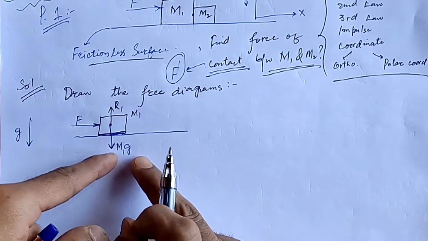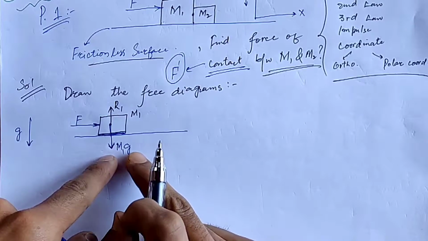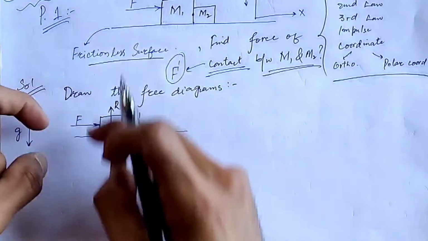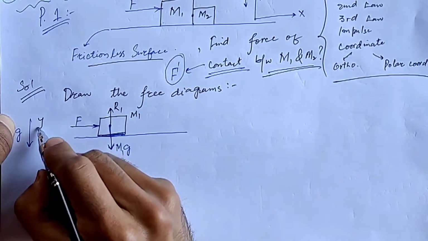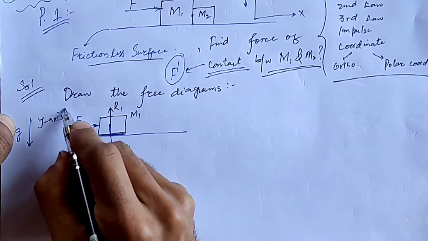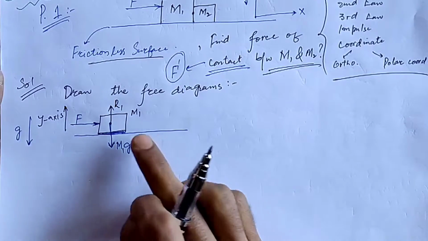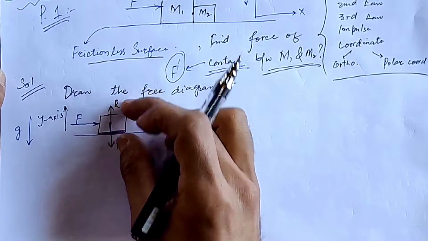So this R1 must balance m1g, because there is no motion seen along the y-axis. These must be equal to each other.